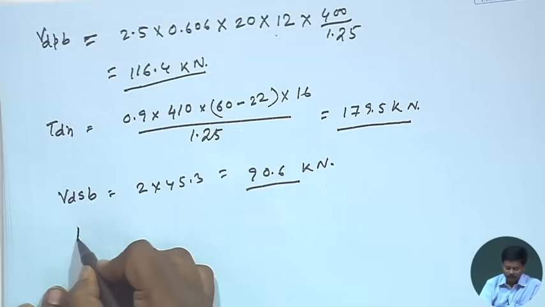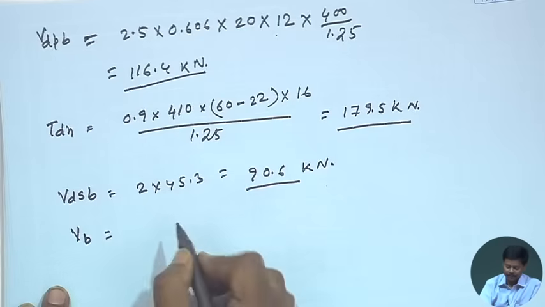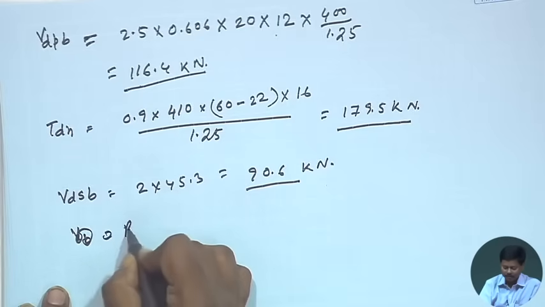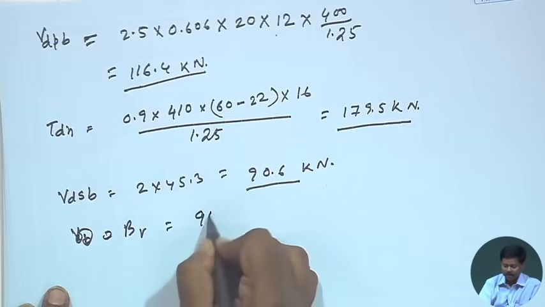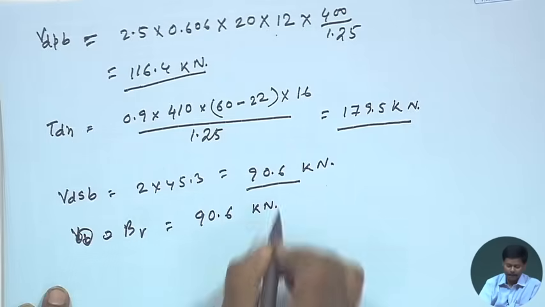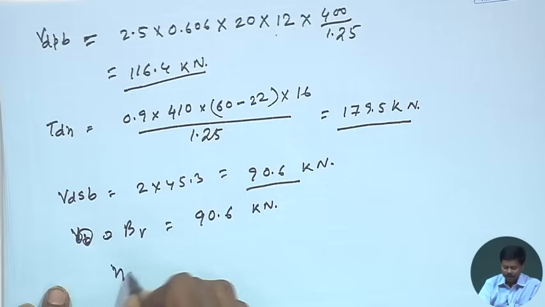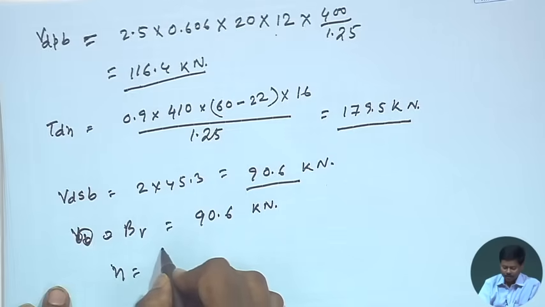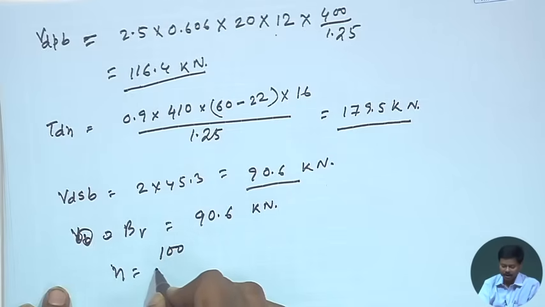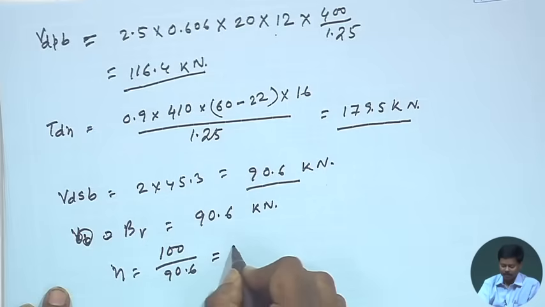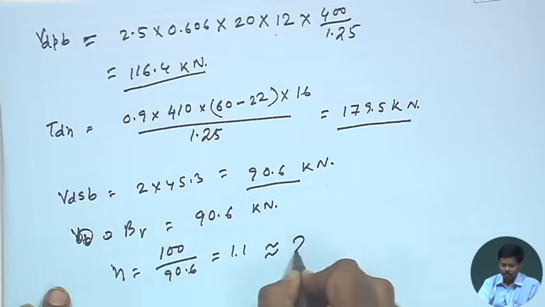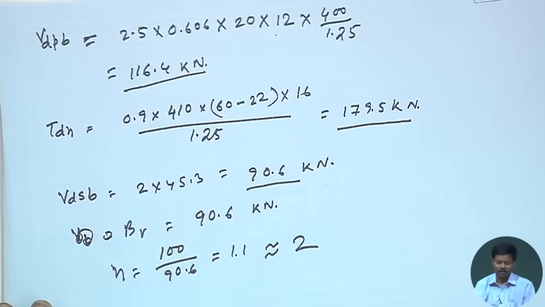So, the bolt value we can find out as the minimum of these, that is BV will be 90.6 kilonewton. So, the number of bolts required will be TU, here the unbalanced force is 100 kilonewton, divided by 90.6. So, that will be 1.1, that means 2 bolts are required here.